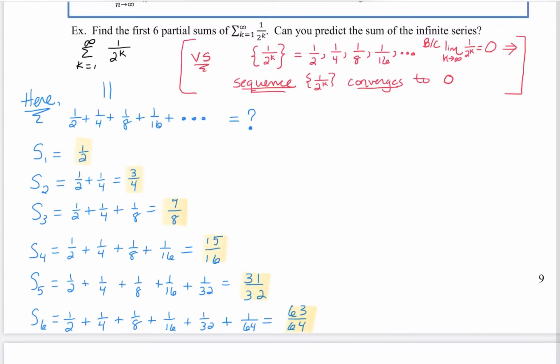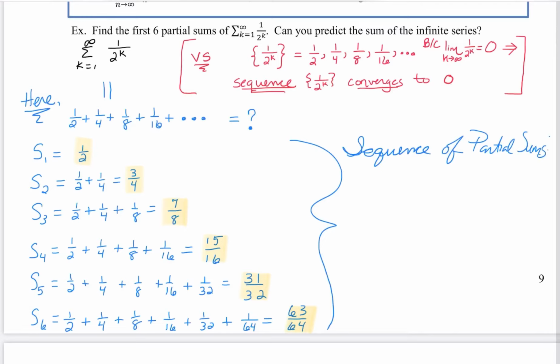Now what we're looking at here is what is happening to this sequence. What we look at is called the sequence of partial sums. So that's what these are.